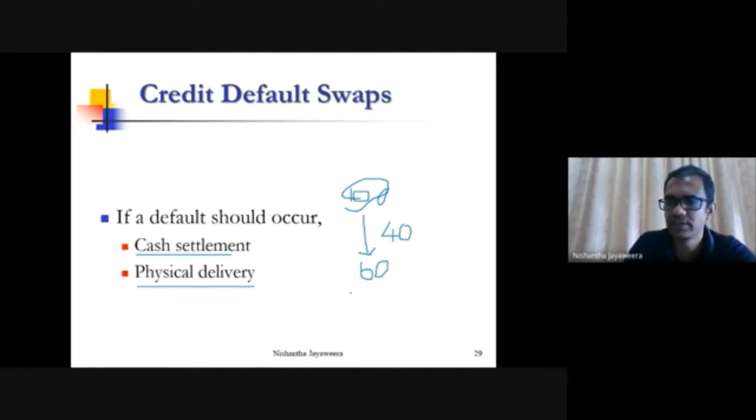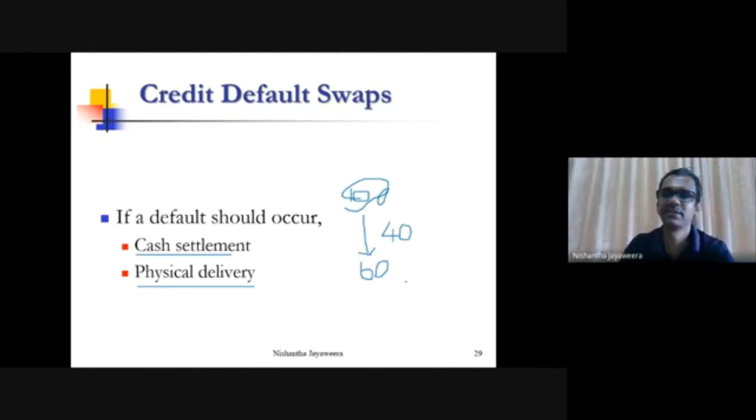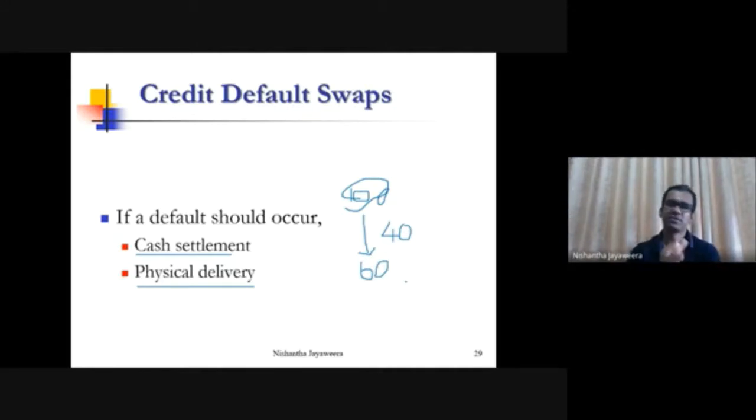When the liquidation process goes on, he will collect whatever proceeds, if there are any, come through that liquidation process. So these are basically the two ways of providing compensation to the protection buyer. That's how CDS works.